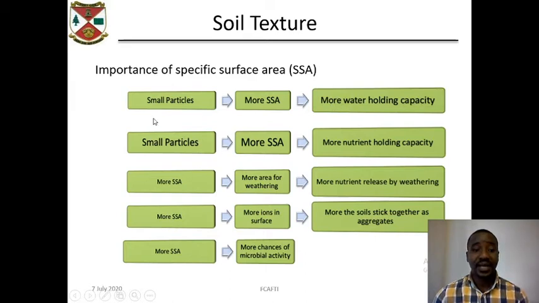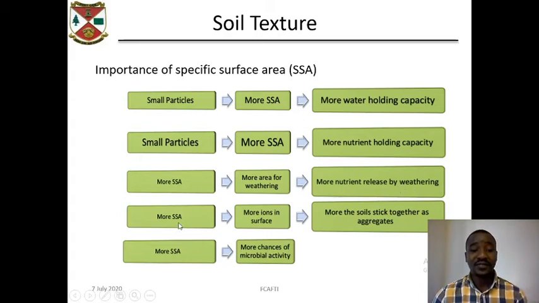Small particles also have more ability to hold nutrients. More specific surface area means more area for weathering, and more area for weathering means more nutrients will be released by weathering.